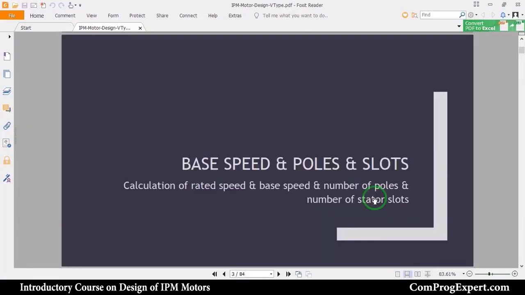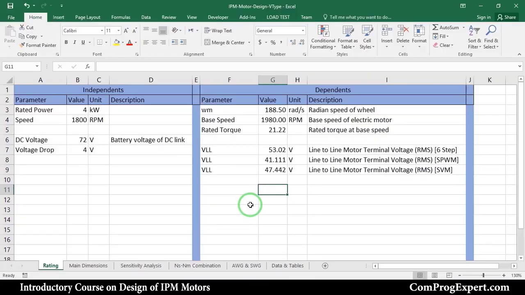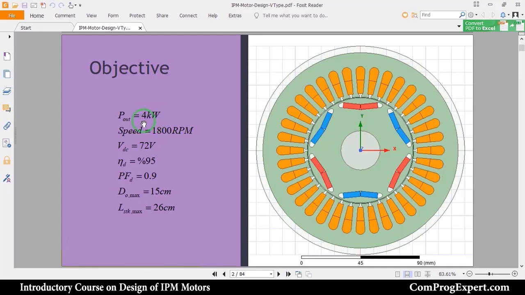So let's talk about the motor rating. As you can see in these specs, the motor output power is 4 kilowatts. This is the rated value.